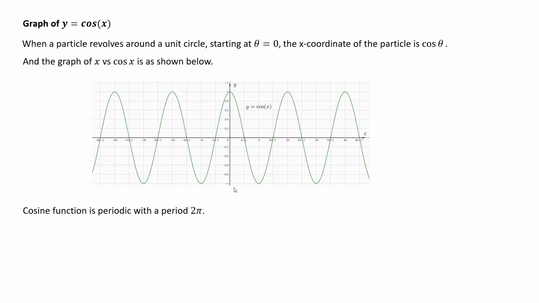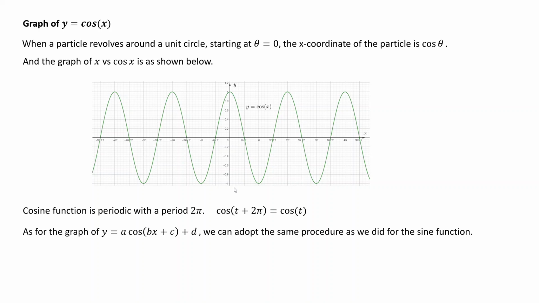Cool? And so the cosine function is periodic with period 2 pi, and cosine of t plus 2 pi is cosine of t. As for the graph of y, we can adopt the same procedure as we did for the sine function. I'm not going to go over all of the cosine stuff in detail, but I will expect you to be able to solve problems like this.